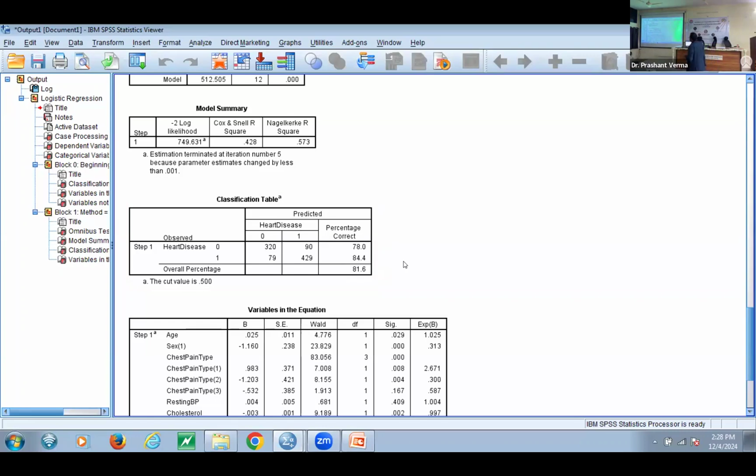Now we will talk about the sensitivity. Out of the total cases of heart disease, the model is able to identify 84.4%. That is sensitivity. For the specificity, the model is able to identify the non-event cases, the persons who are not going to have heart disease, with 78%.